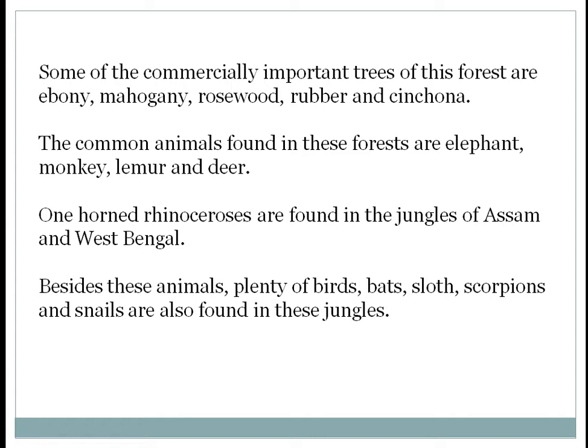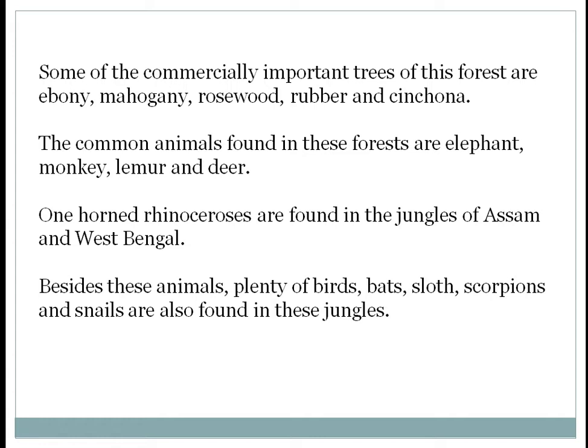Next, you can see the tropical evergreen forest. This is the image I have taken from the textbook, which speaks about the height of the tropical evergreen forest trees. Maximum height is 60 meters. Since the region is warm and wet throughout the year, it has luxuriant vegetation of all kinds.